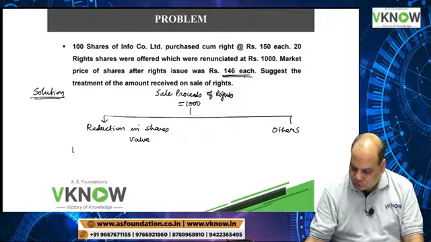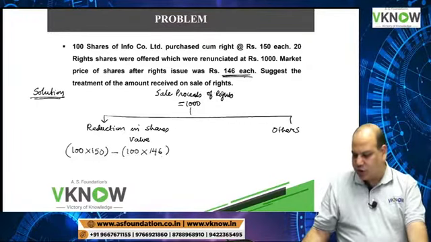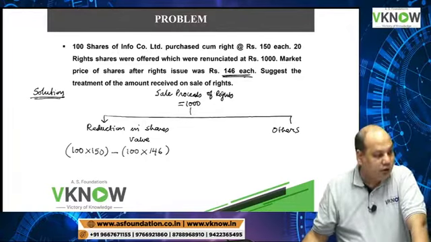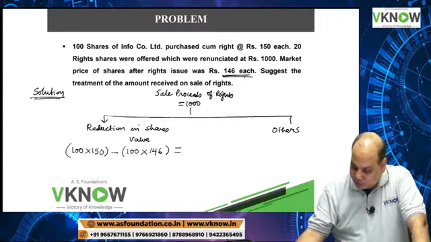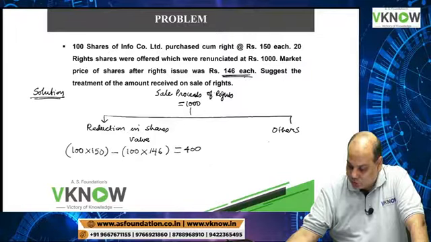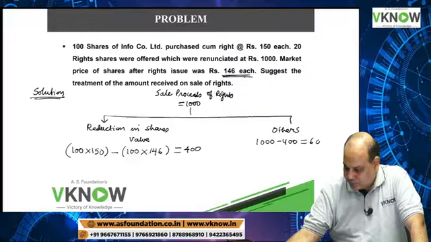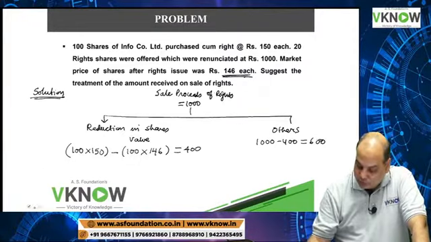To the extent of reduction in share value, I am going to credit the investment account. So calculate: 15,000 minus 14,600, reduction in share value 1400, and the other, balancing figure, 1000 minus 400, 600.